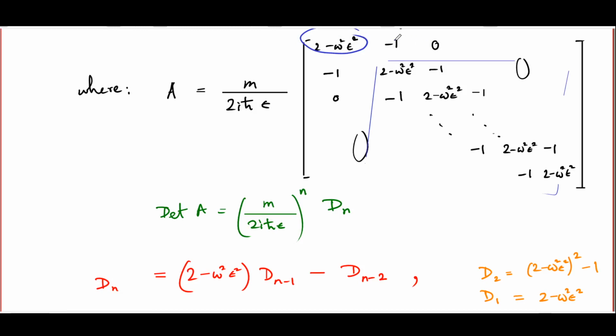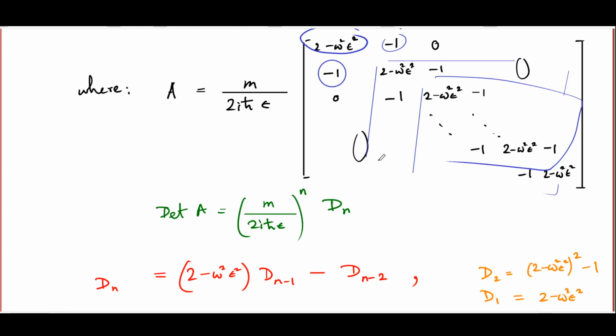Then you have to take this element and find its corresponding minor. In the corresponding minor, you will have one column which has only minus 1 here. Every element is 0. So you take this element times its corresponding minor, which is going to be the dn minus 2. This is pretty straightforward. We have done this before for the free particle. The same idea works here.